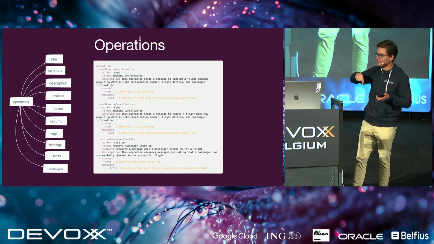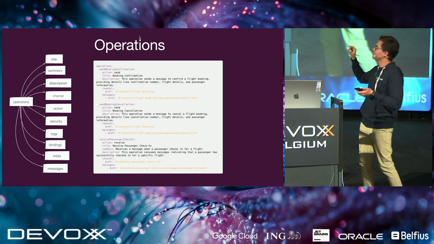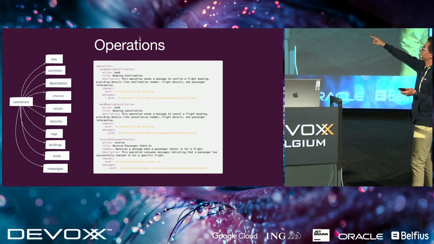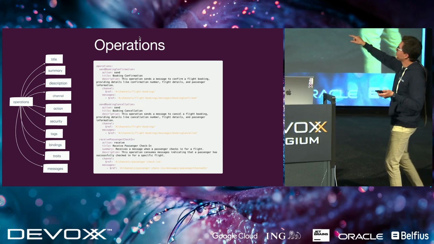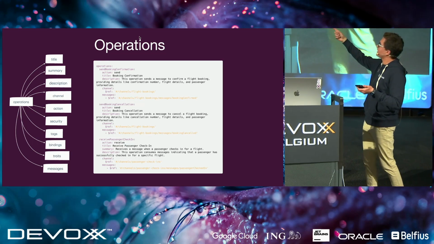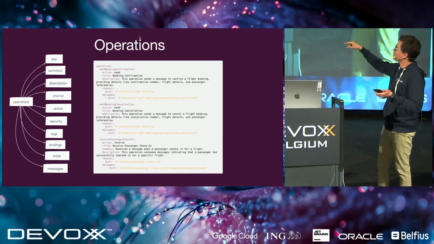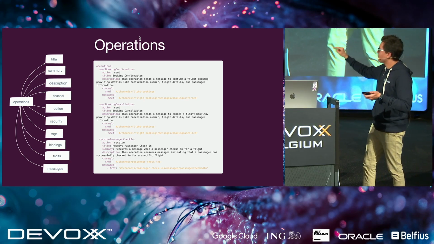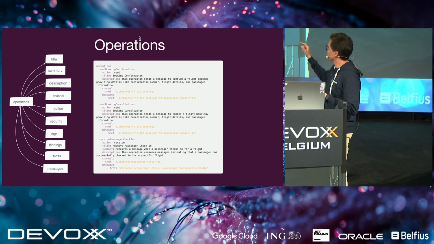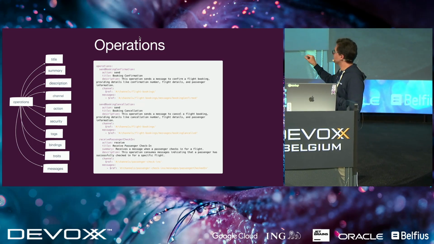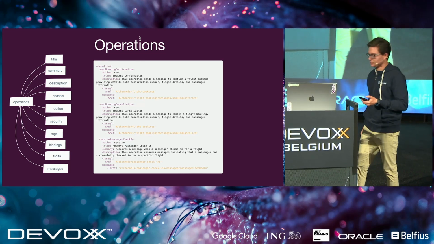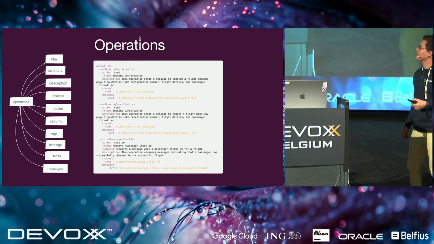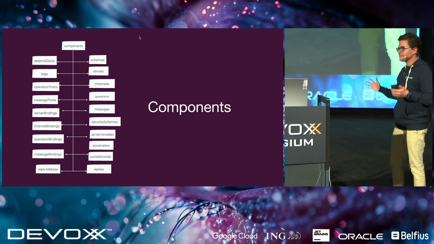It says that the Pegasus application is sending the booking confirmed message into the flight bookings channel. And it's consuming messages from the passenger check-ins channel, and the message it consumes is the passenger checked-in message.